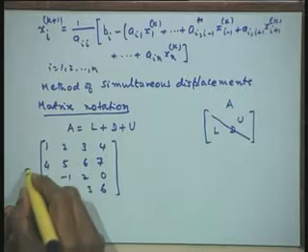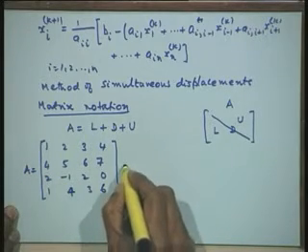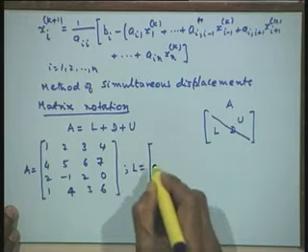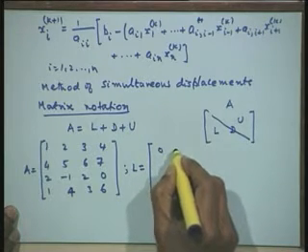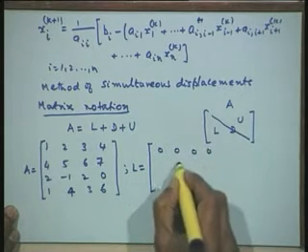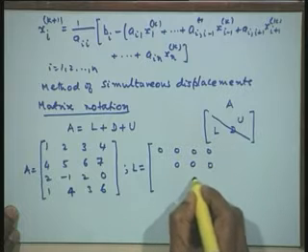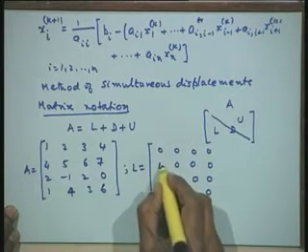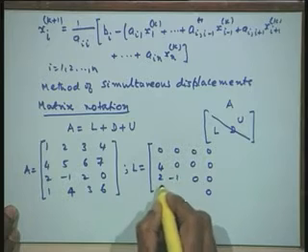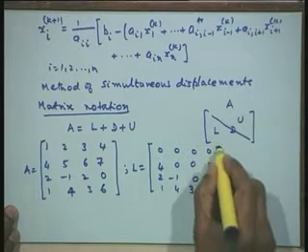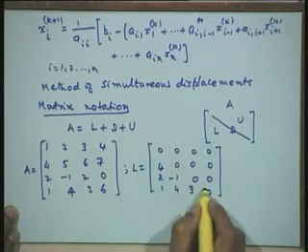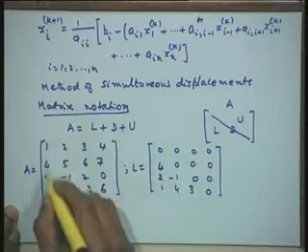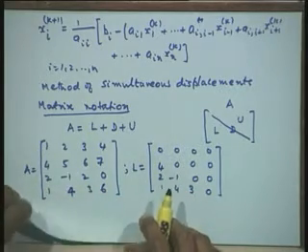Now, if this is the matrix A given to us, then I am defining L as the strictly lower triangular part, that means everything else will be 0, and this strictly lower triangular part is 4 2 minus 1 1 4 3. So, the diagonal and above is removed, and whatever is strictly lower triangular I will call L.